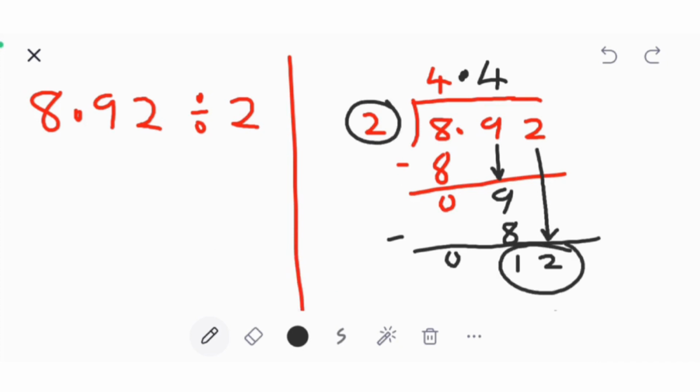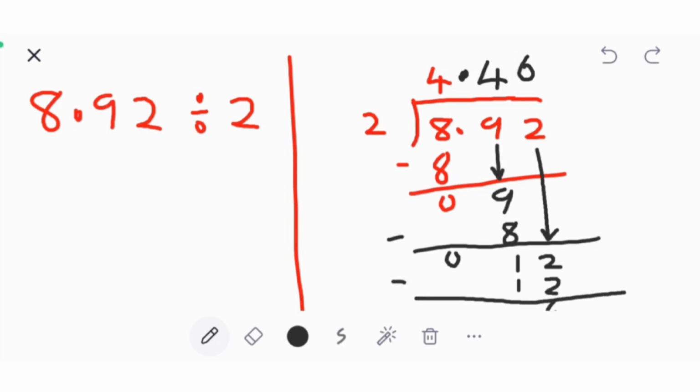That will be 2 times 6. So 2 will go into 12 6 times. Then you multiply 2 times 6. That gives 12. You write it. Then you subtract. 2 minus 2, 0. 1 minus 1, 0. So the answer is 4.46.